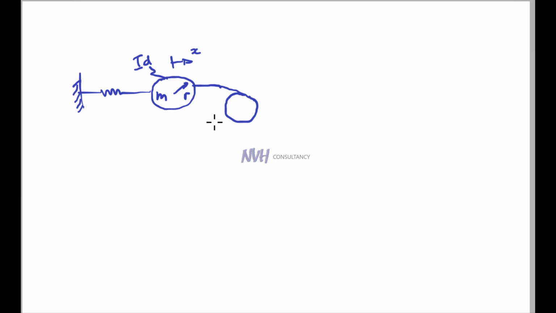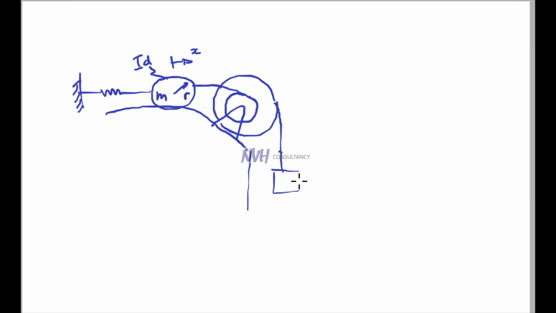The pulley is mounted on a slope and then a mass of 2m is hanging on the pulley. Pulley has moment of inertia equal to Ip.